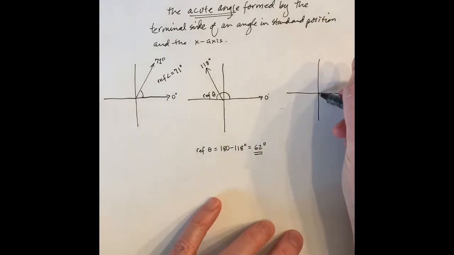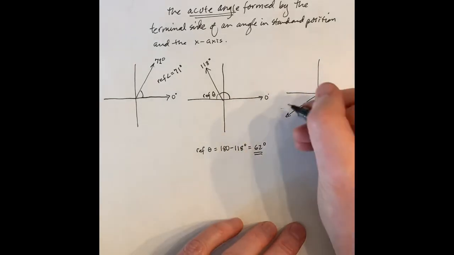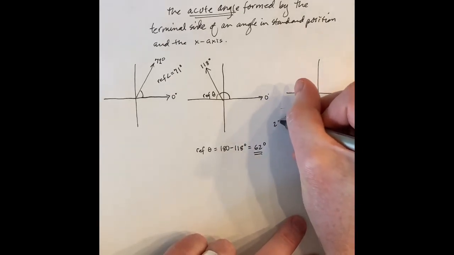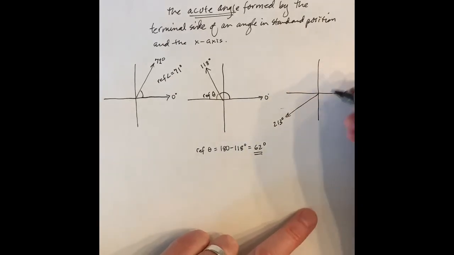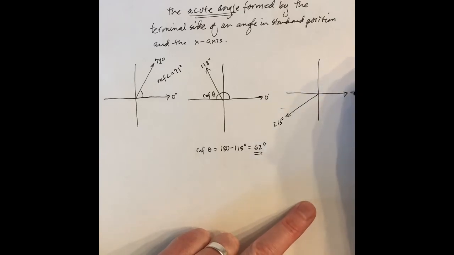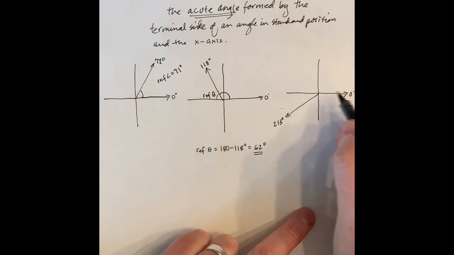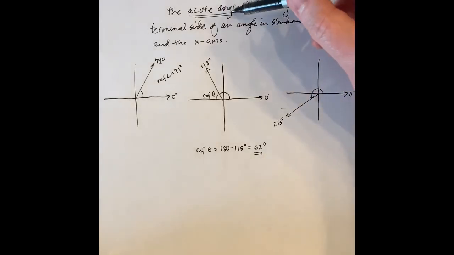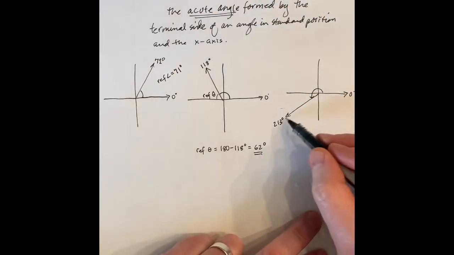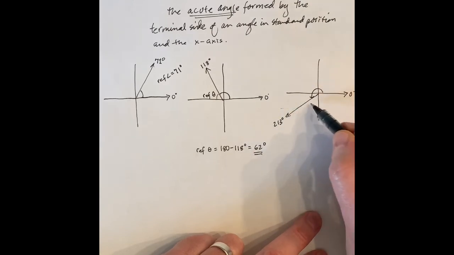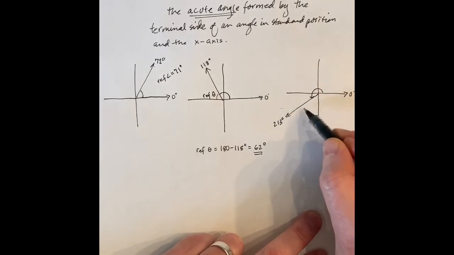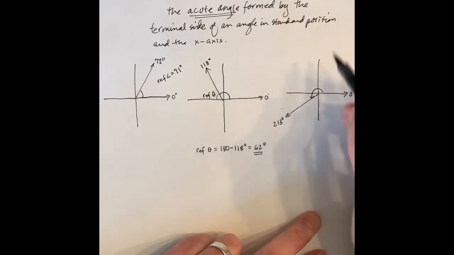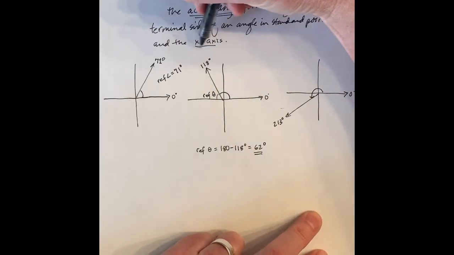Now, if it's down here, say in this quadrant, let's just say that was, I don't know, 213, okay? Well, again, in standard position, so one ray's got to point at 0, that would be my 213. But if I want the acute angle formed by the terminal side and the x-axis, I don't want that. And don't take it to the y-axis ever. Don't ever find that one. That doesn't even have a name. It's always the x-axis.